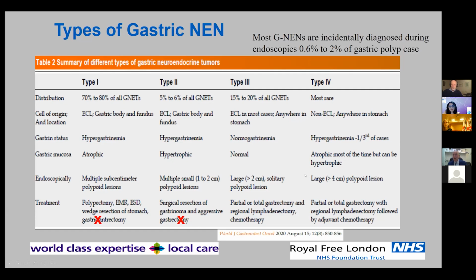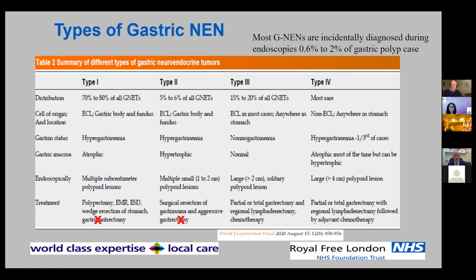Type 4, very rare, can be associated, but not always, with higher levels of gastrin, usually associated with the acid cells not being so effective in the stomach, and are often a large polypoid lesion, again requiring a surgical resection, just localized usually.